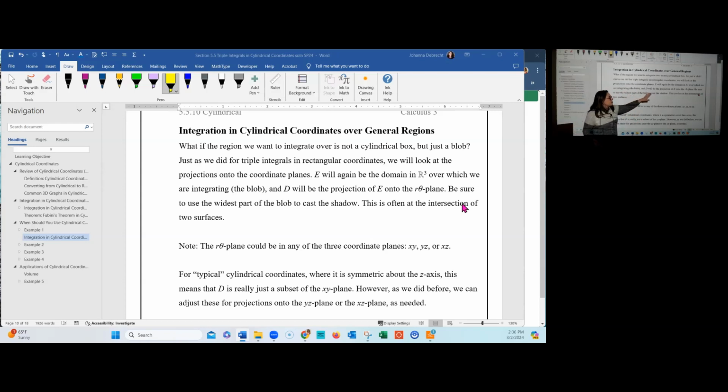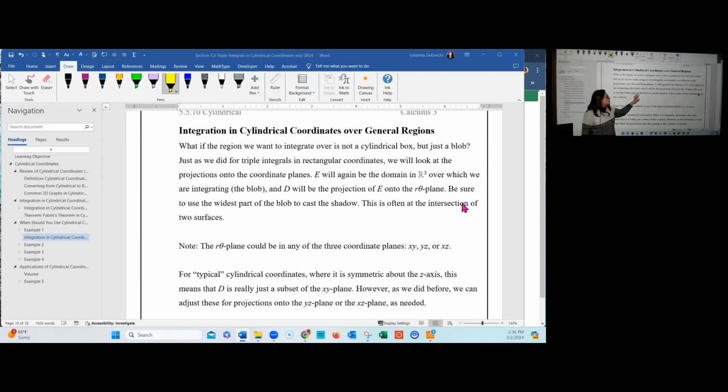And D will be the projection of that blob onto the r theta plane. Now remember that the r theta plane could be in the xy plane, the yz plane, or the xz plane, depending upon which axis the shape is symmetric about.